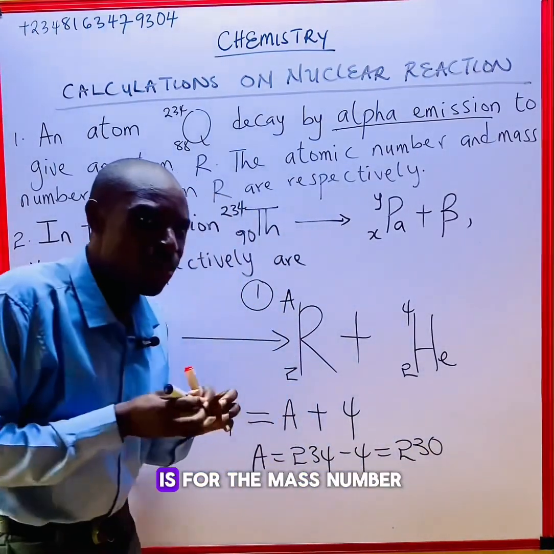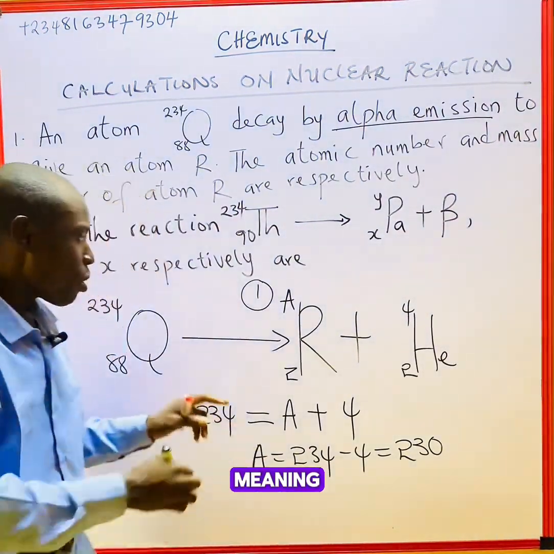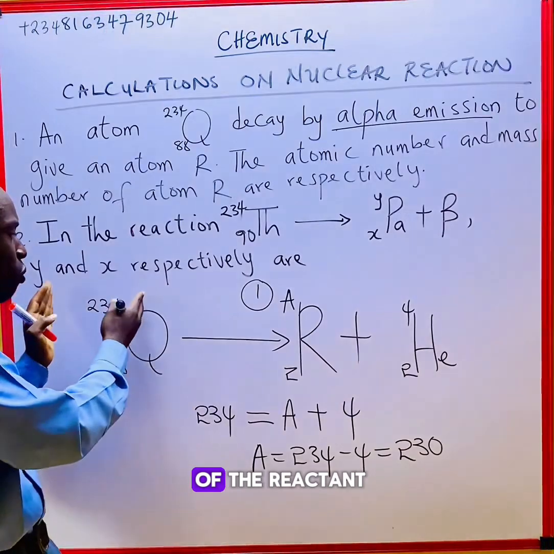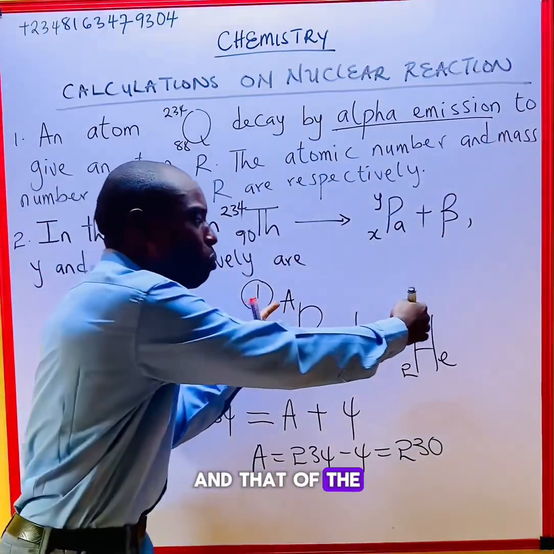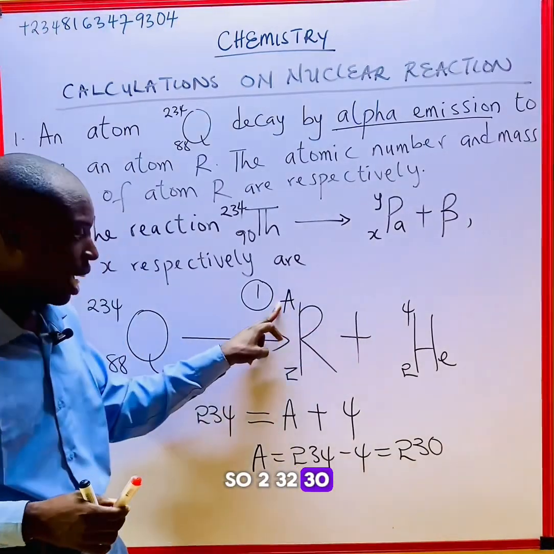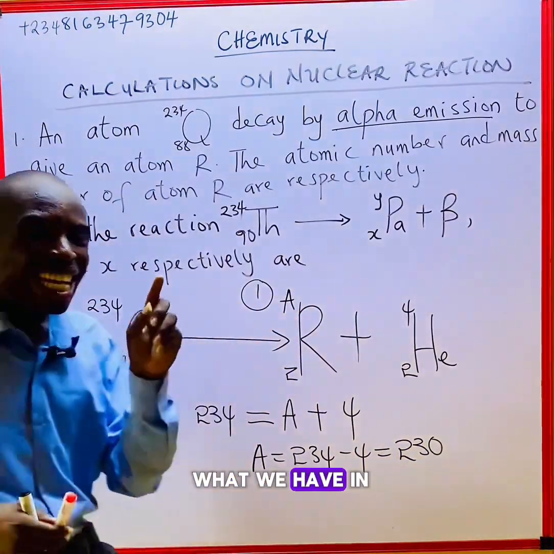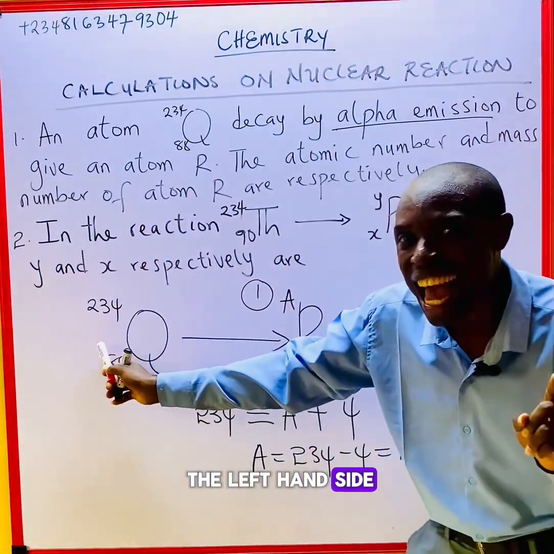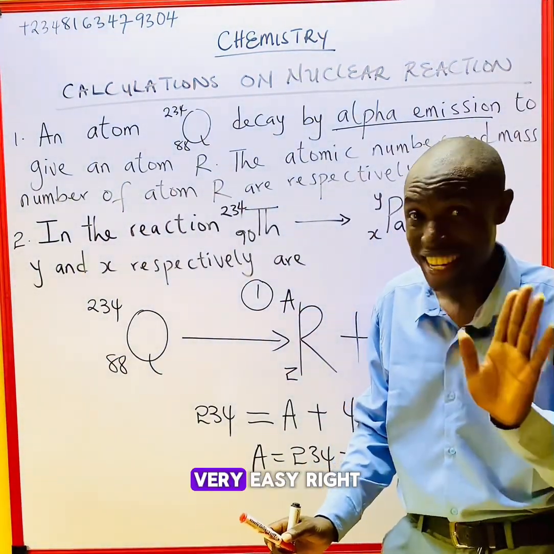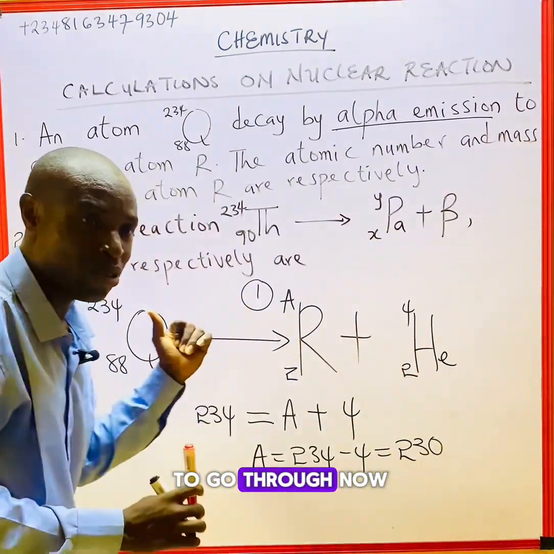So that is for the mass number, meaning both the mass number of the reactant and that of the product must be equal. So 230 plus 4 is 234, which is equal to what we have on the left hand side. Very easy, right? So watch out for the next step I'm going to go through now.